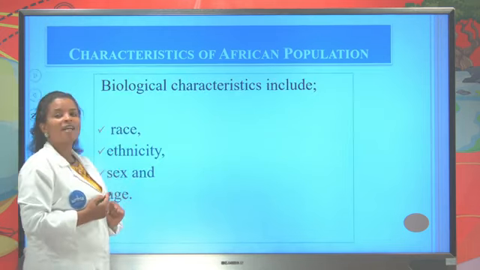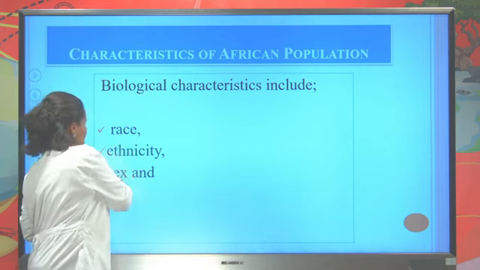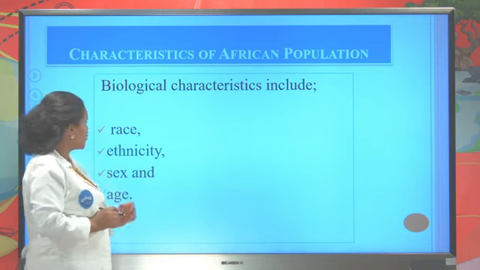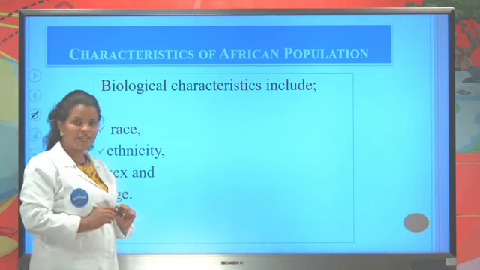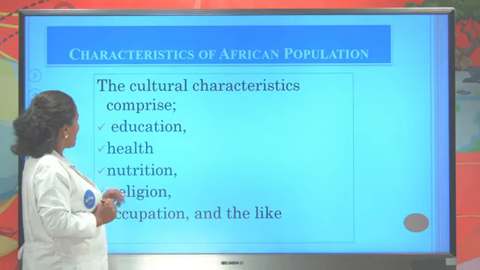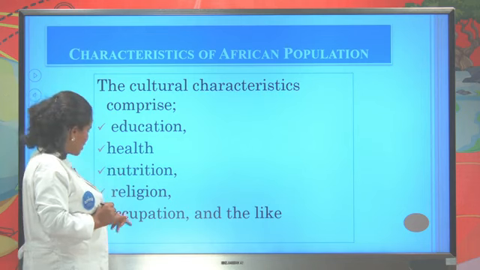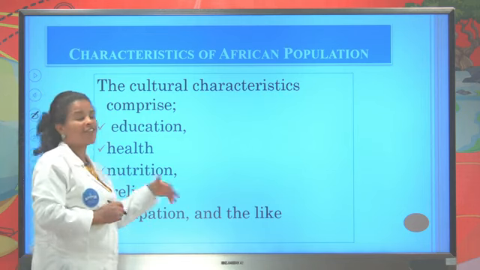The biological characteristics include race, ethnicity, sex, and age. The cultural characteristics comprise education, health, nutrition, religion, occupation, and the like.